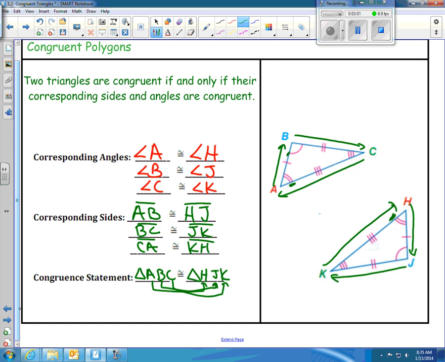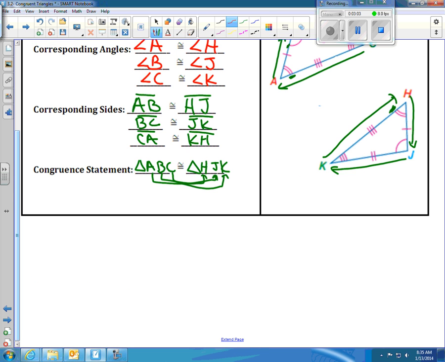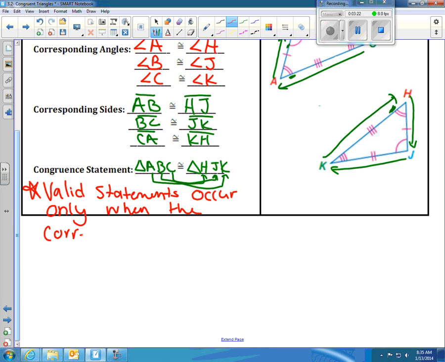And we would say that this is really important. So jot this down. Valid statements occur only when the corresponding vertices are in the same order.